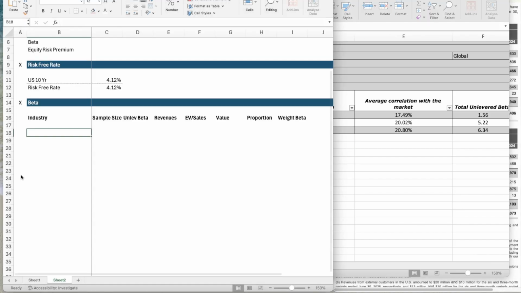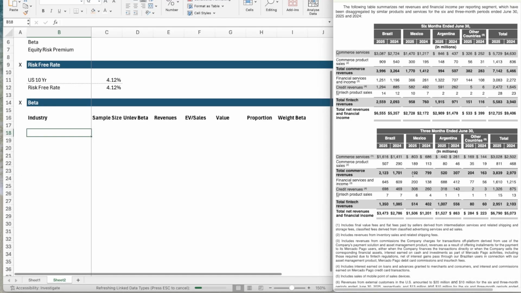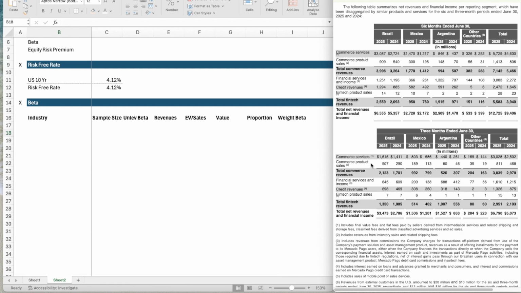Let's see how we're going to break this down. So commerce services can be software internet. Commerce product sales, would it be retail general?